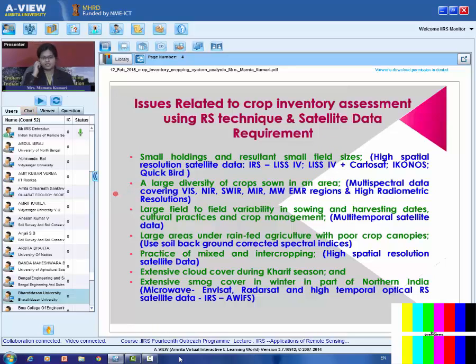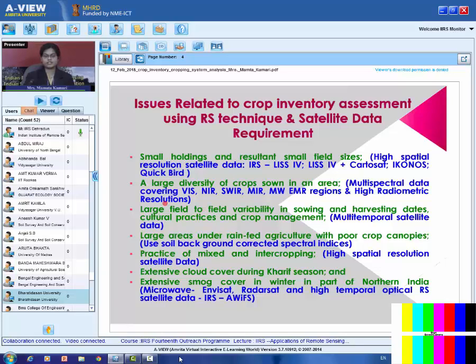Then there is a large diversity of crops grown in an area. This is because every farmer has different requirements, and as there is large diversity of crops, there will be spectral mixing if we are using a limited number of spectral bands.